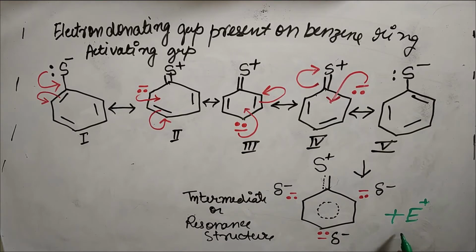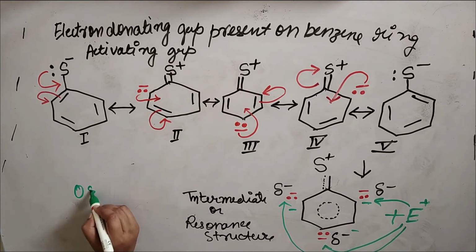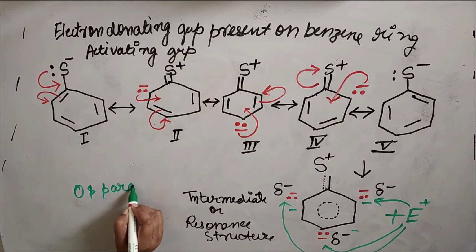As we know, an electrophile has a positive charge, and the positive charge will attract negative charge. So the possibility is that the electrophile will go to these three places, either at the ortho position on this side, or on this side, or at the para position. So that is why we get ortho and para substituted products.